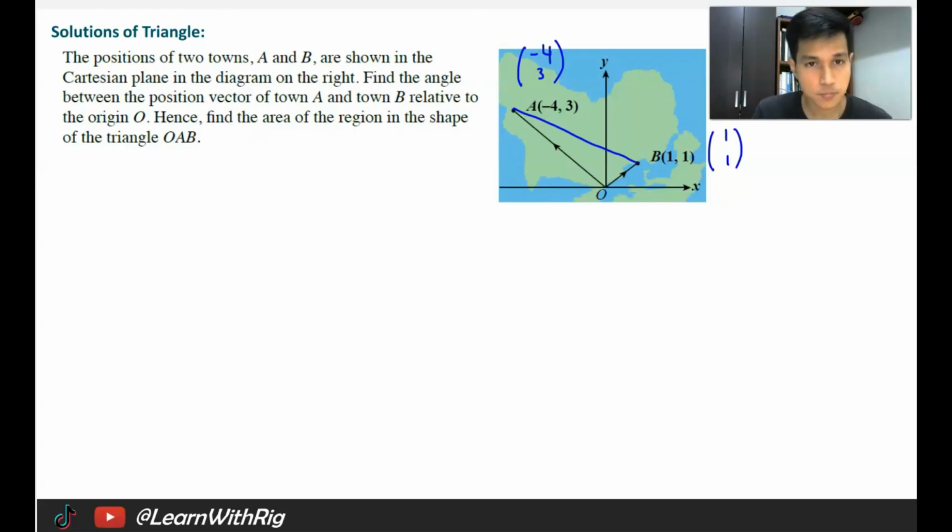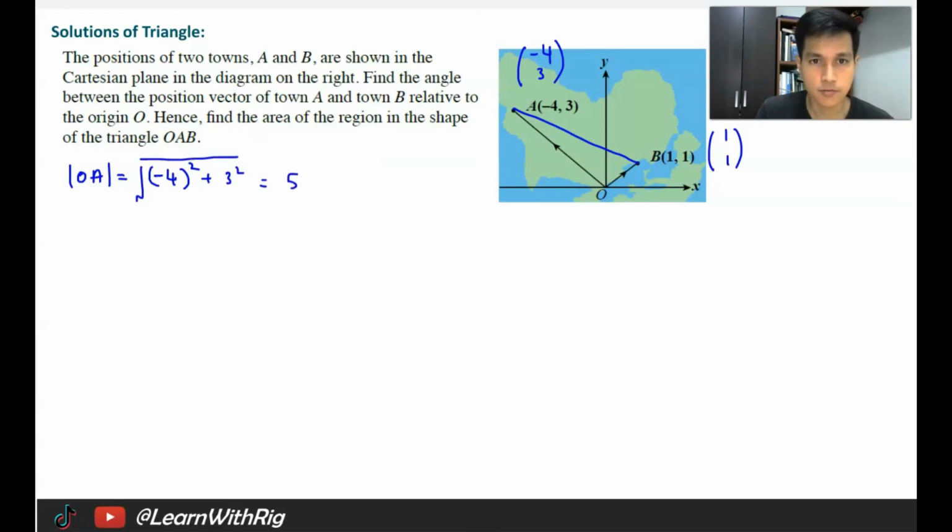So now, what you notice is that you can actually find the length, right? We learned in the vector chapter. How do you find the length of the vector? You just find the magnitude, correct? So magnitude OA, let's see, OA equals square root of (-4) squared plus 3 squared.